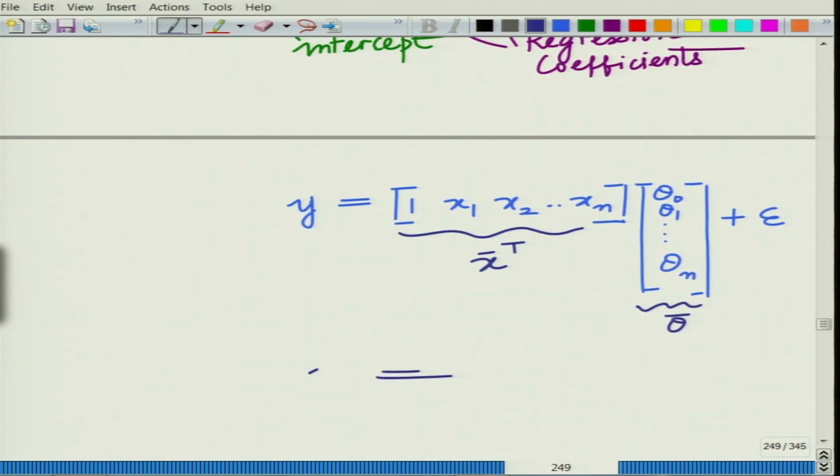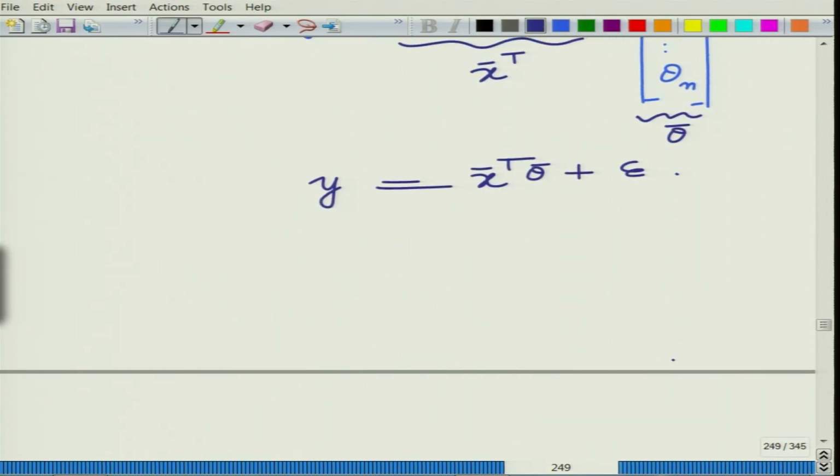So, I can write this model in a compact form as x bar transpose theta bar plus epsilon.